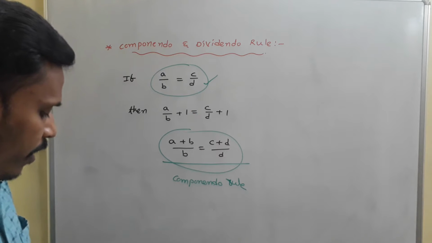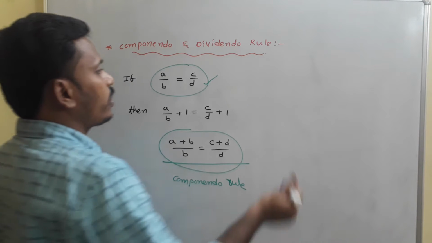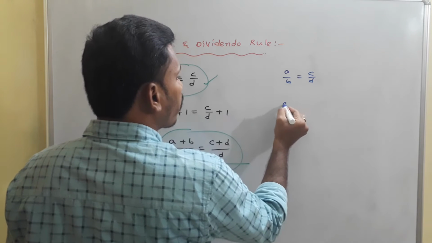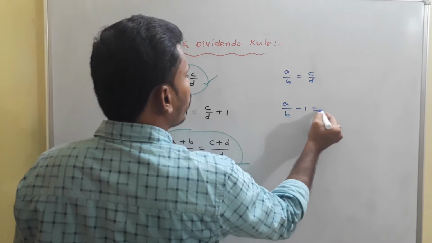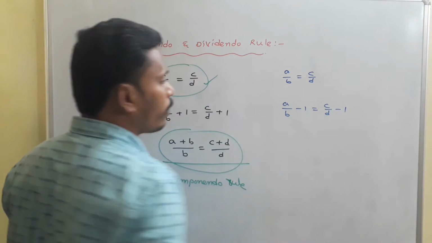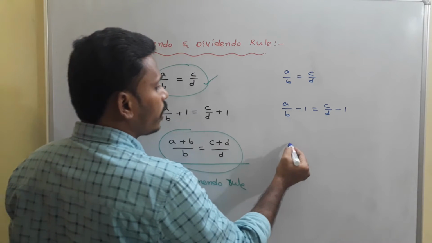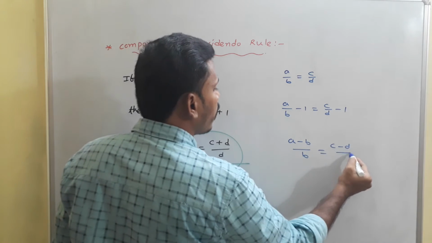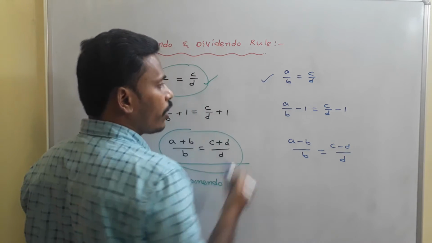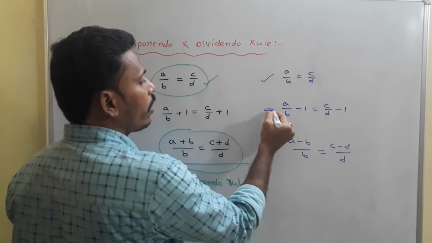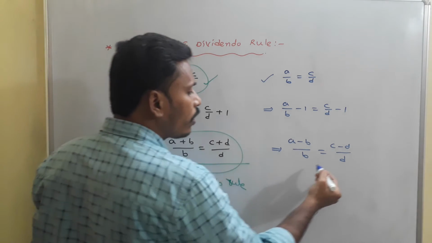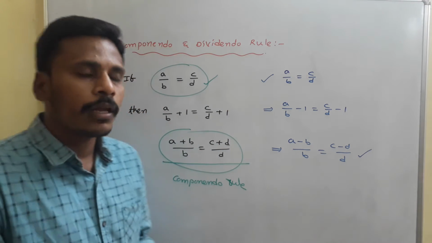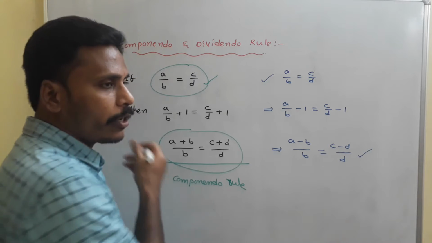In the same way, instead of adding 1 on both sides, if you have A by B is equal to C by D, you just subtract 1 on both sides. A by B minus 1 is equal to C by D minus 1. If you simplify, this side is A minus B by B, and that side is C minus D by D. So A minus B by B is equal to C minus D by D. There are some problems where we need to use this particular rule.